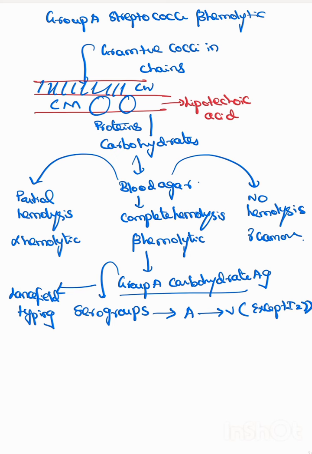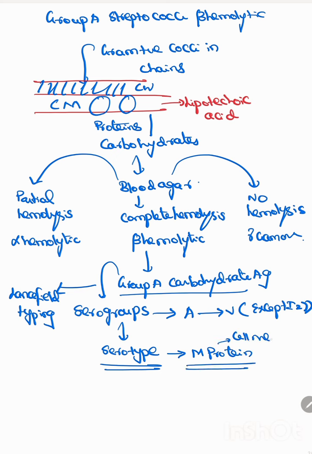Our risk factor, the hero of the story here, is the group A beta hemolytic streptococcus, which is beta hemolytic, and is group A among the serogroups, and it is again subtyped into different serotypes. These different serotypes are based on the presence of M protein.